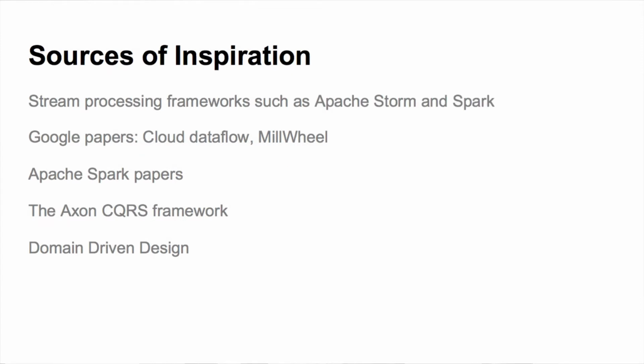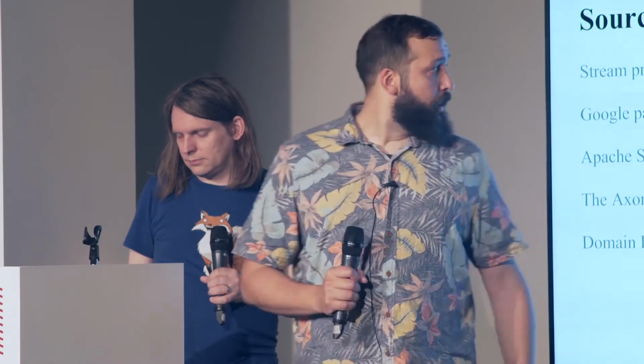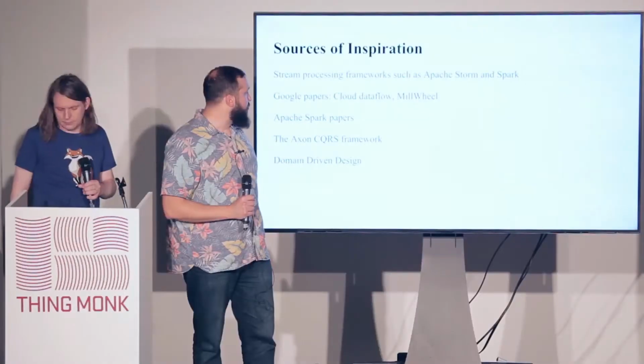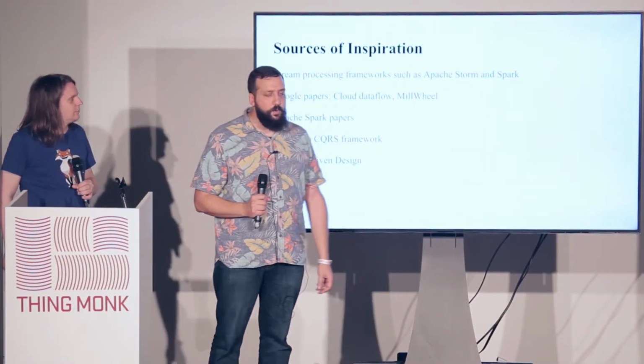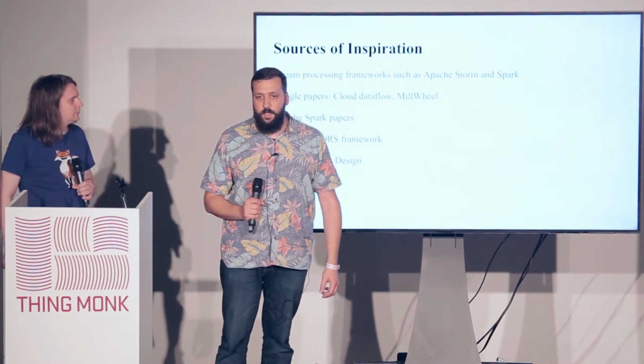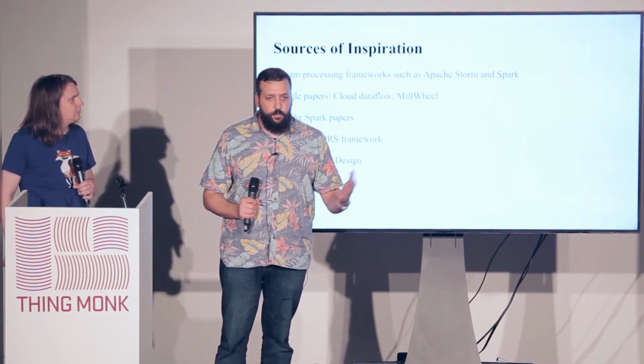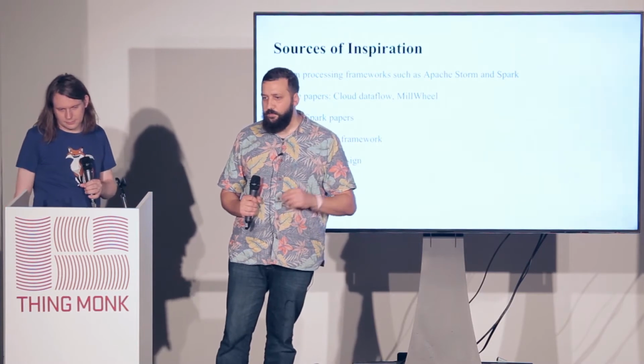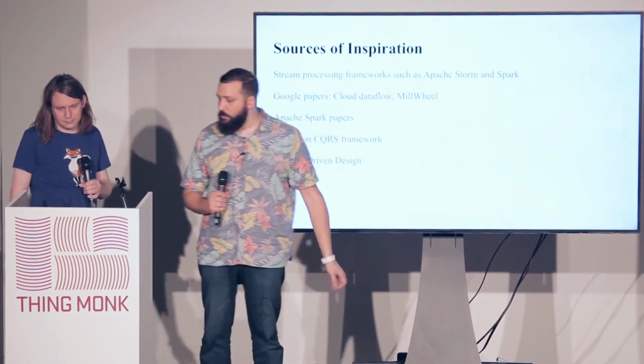Some sources of inspiration. There's obviously the whole family of stream processing frameworks. But most of these, at least initially, focused a lot on the real-time analytics use case, whereas the problems we address are more around building business logic in a scalable way. There were the Google papers around Cloud Dataflow and MillWheel, and some ideas like the difference between processing time and event time and the metadata they use were very influential.